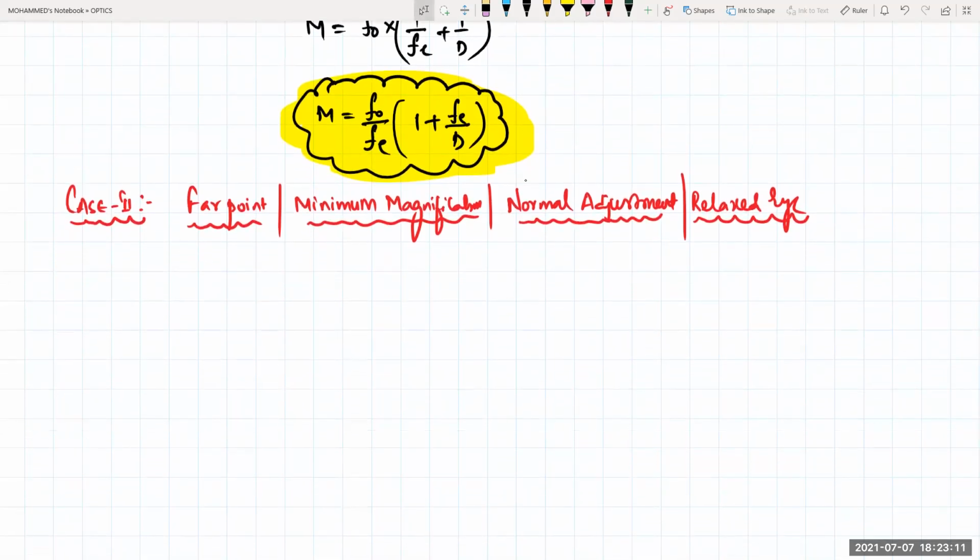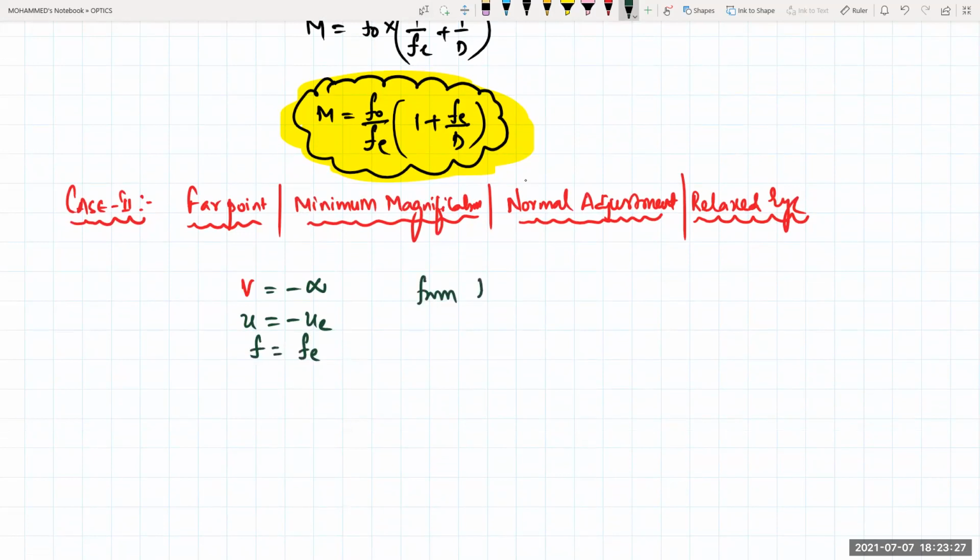So in this one, the final image is formed at infinity. Object distance will be equal to minus UE. Focal length will be equal to the focal length of the eyepiece.